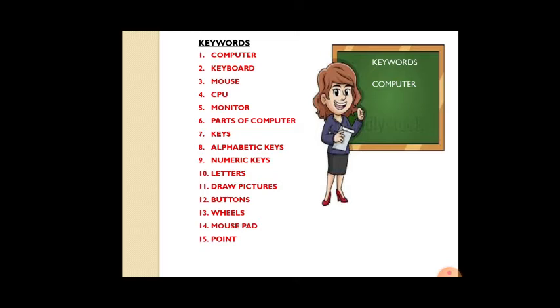Next is buttons, B-U-T-T-O-N-S. Next, thirteenth word is wheels, W-H-E-E-L-S. Next, fourteenth is mouse pad, M-O-U-S-E-P-A-D. Next, fifteenth is point, P-O-I-N-T. So there are 15 keywords given to you.